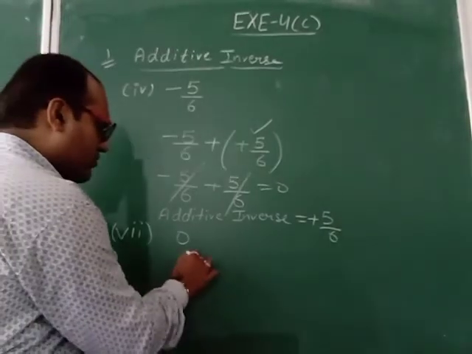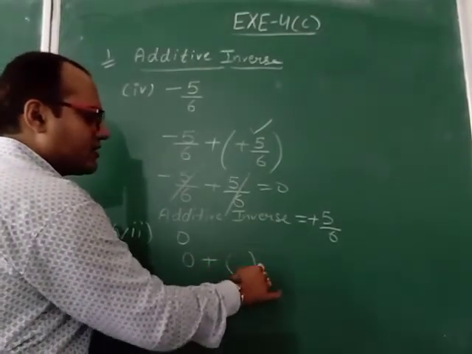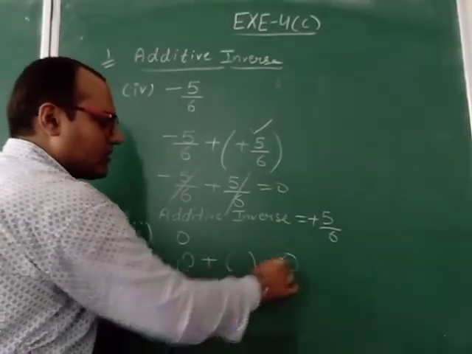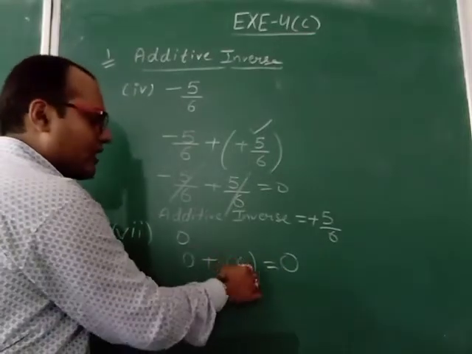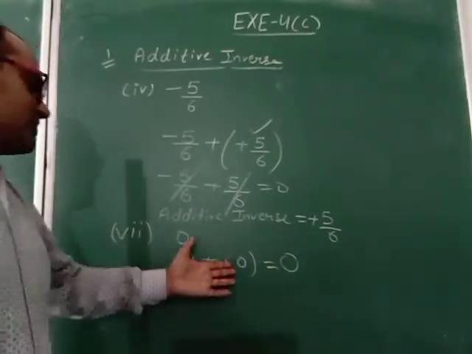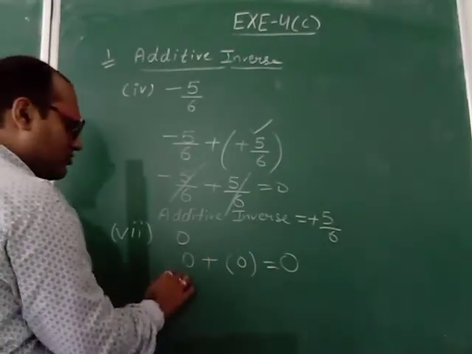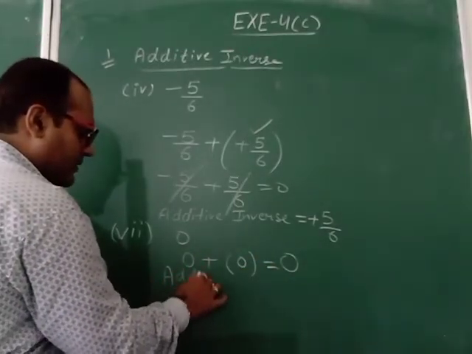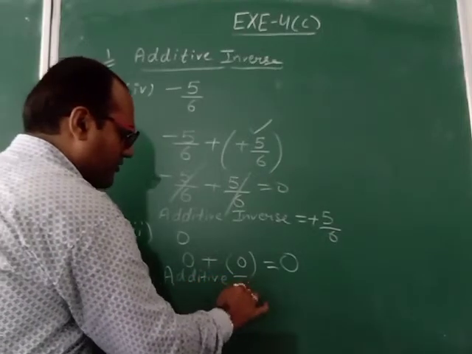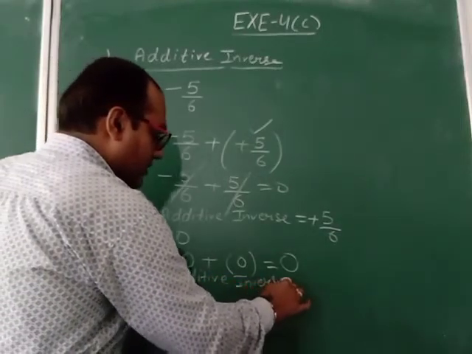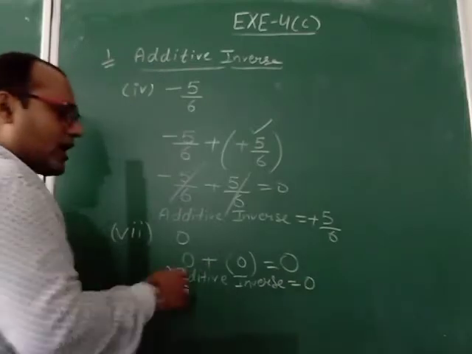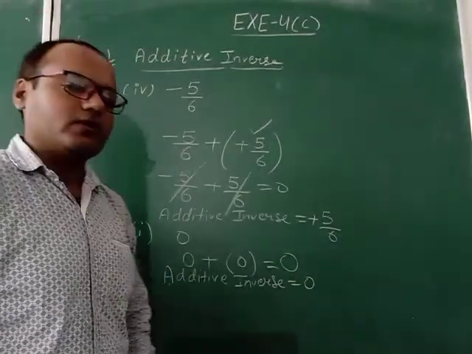In this 0, which number do we have to add so that on adding we get 0? Here we have to add 0 only. 0 plus 0, then only we get our answer 0. So the additive inverse of 0 is 0 only. So like this you have to do all the parts of question number one.